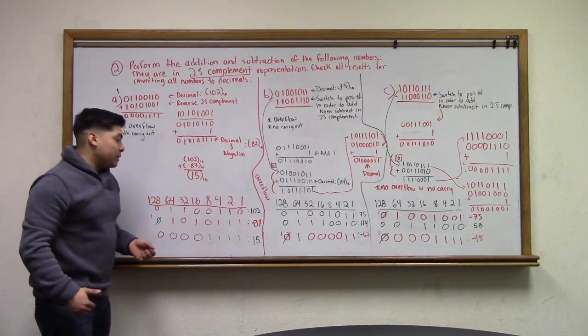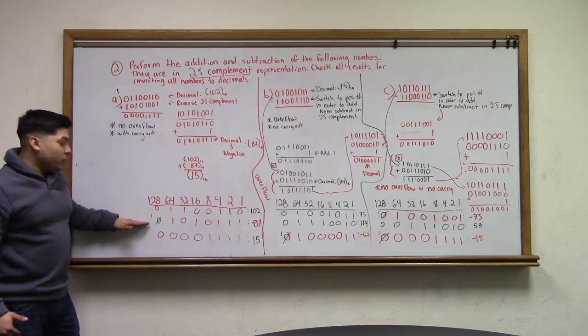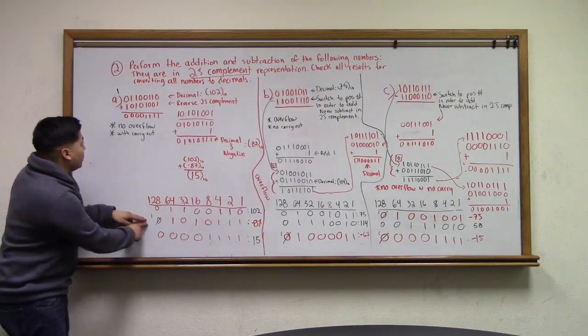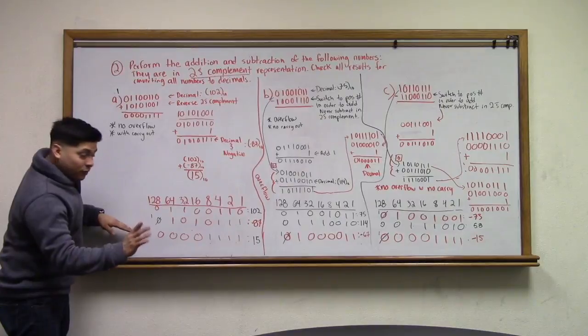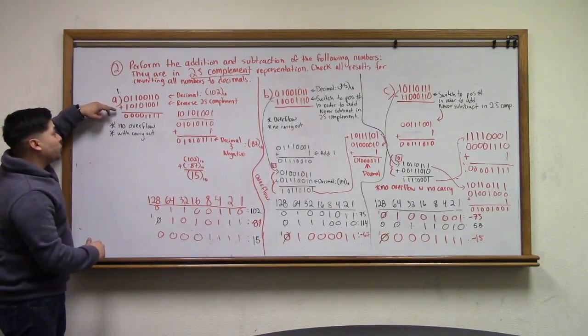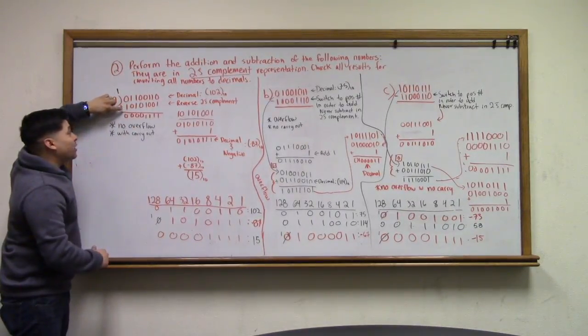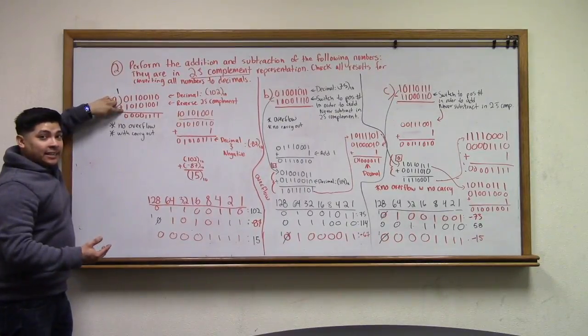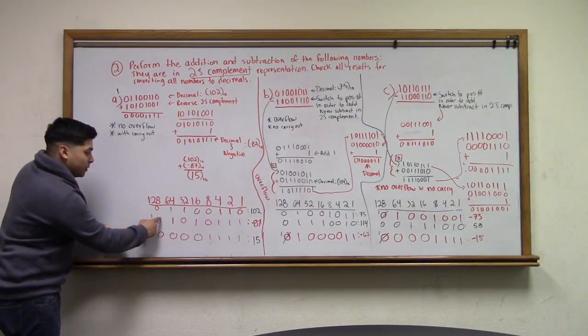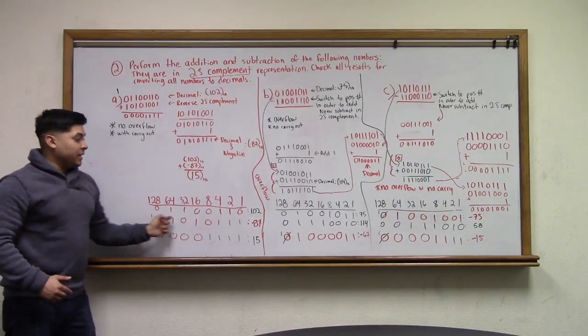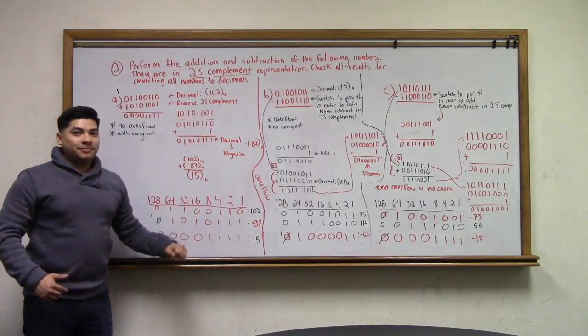Now, pay special attention to the middle number, because this is the one that you flip. You revert back to the original problem, and because it had a 1 as a signed bit, you're going to flip that 0 to 1, making this number negative.